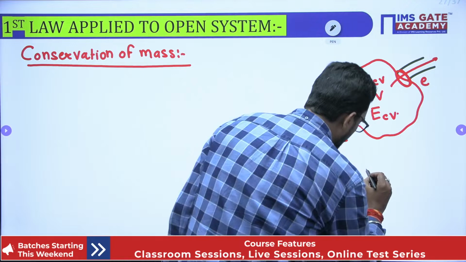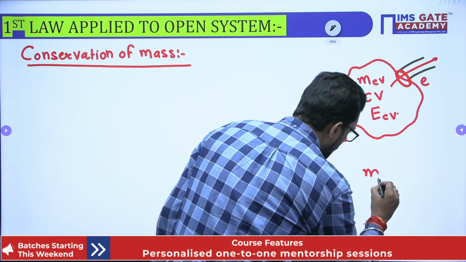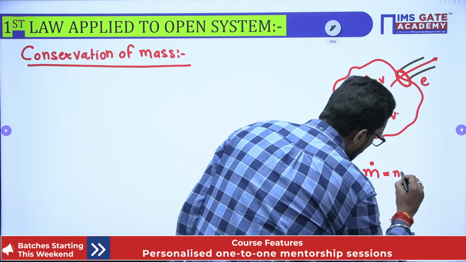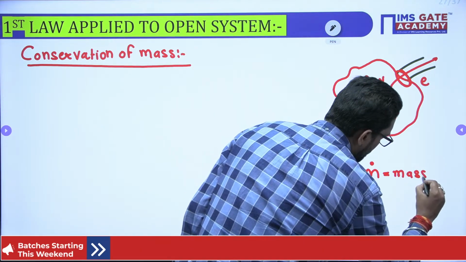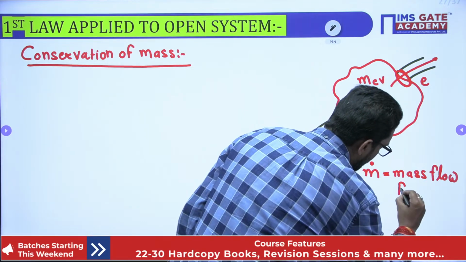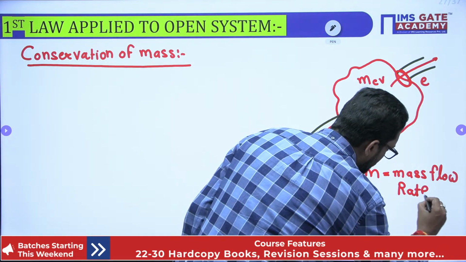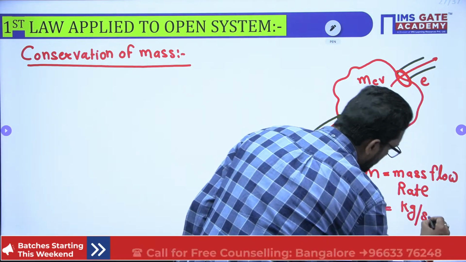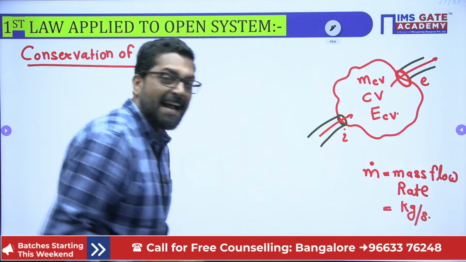This is m dot, that is called mass flow rate, in kg per second. That means something is in per unit time.